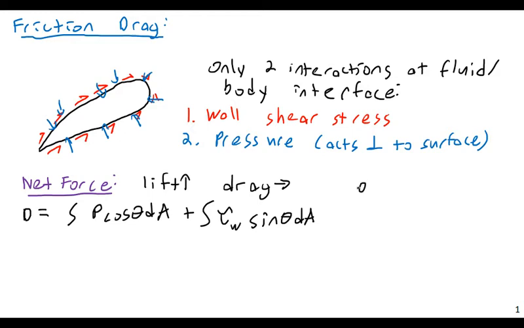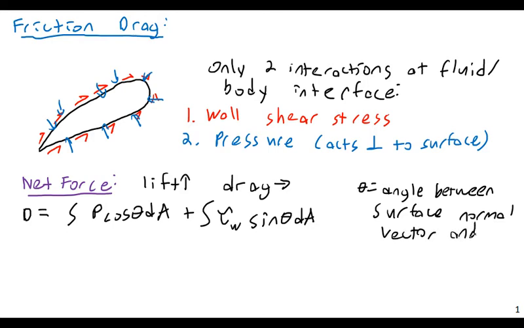And again, theta here is the angle between the surface normal vector and the flow direction at a point.